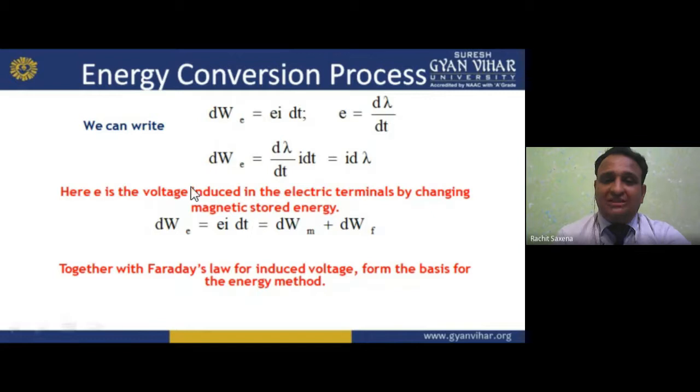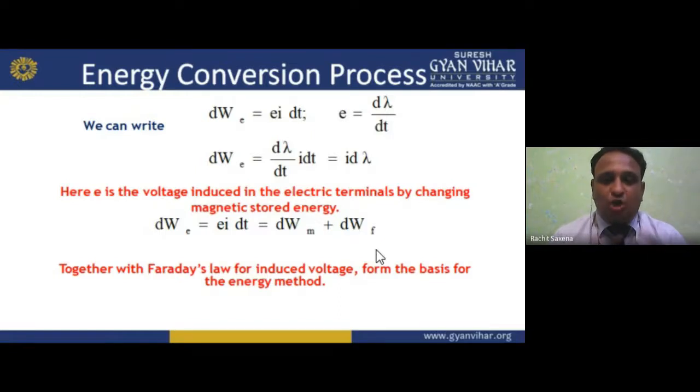So we can write dW equals EI dt, equal to dWm plus dWf, that is the mechanical energy and the magnetostatic or magnetic field energy. Together with Faraday's law for induced voltage, this forms the basis of the energy method. The force law tells us that whenever a current carrying conductor is placed in a magnetic field, it experiences a force.